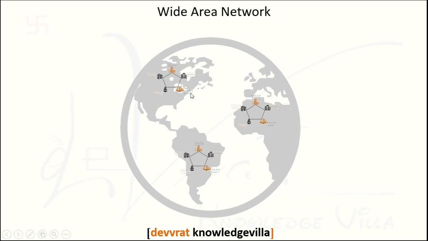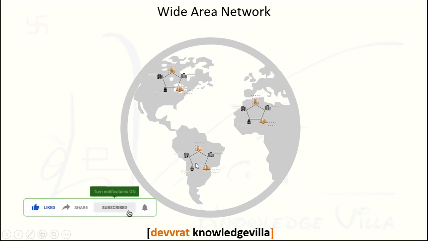Somewhere in some country or some city, this metropolitan area network is located. Same thing here, one MAN is located here and another MAN is located here. And each metropolitan area network is carrying different local area networks inside.